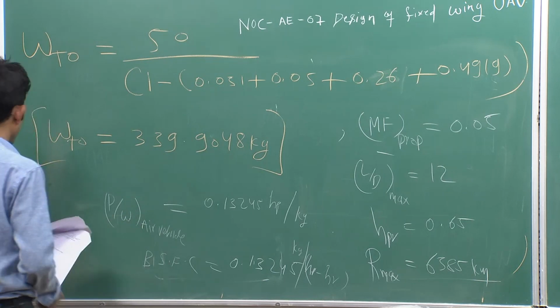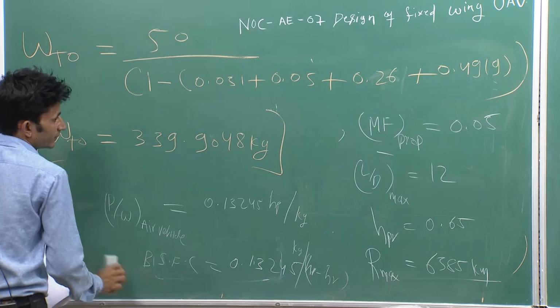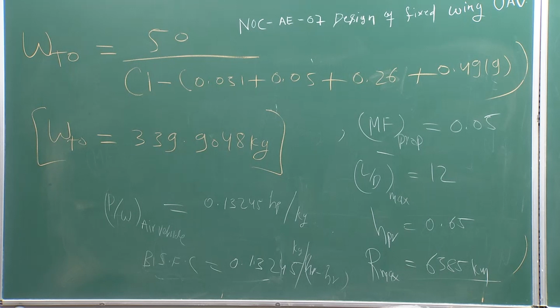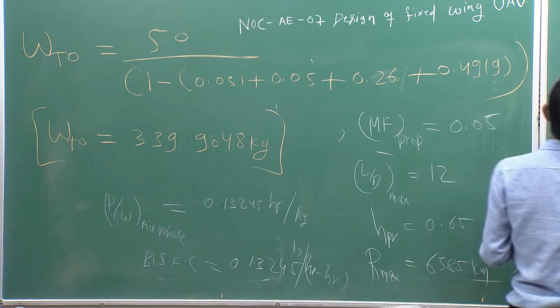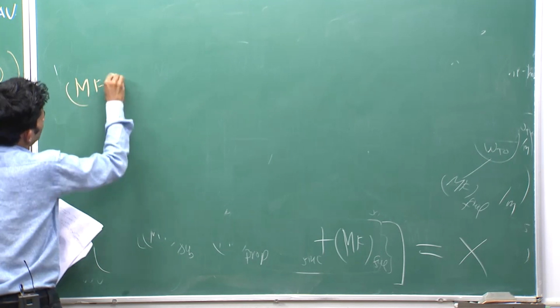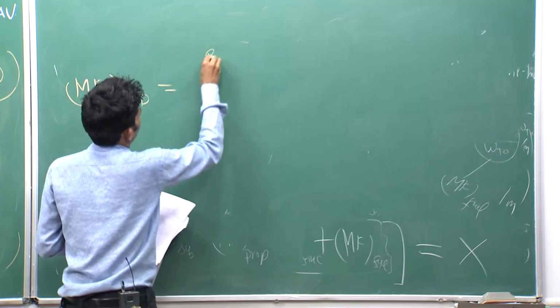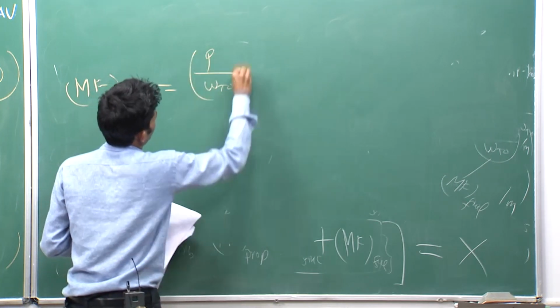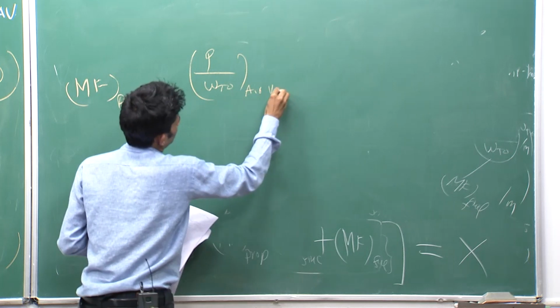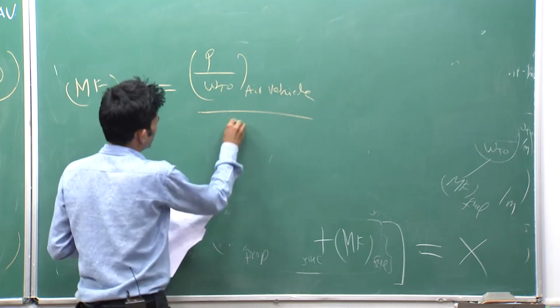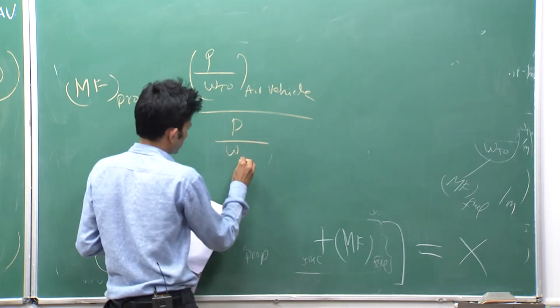And in the next question you have to find the weight of the power plant. One relation is given to you: mass fraction of propulsion system equals P by W takeoff of air vehicle divided by P divided by W power plant.